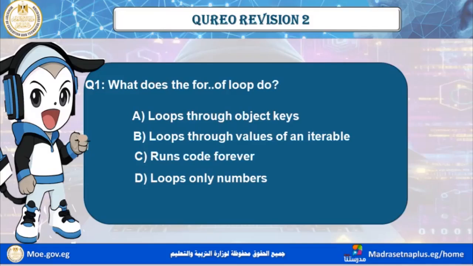And it doesn't only loop numbers. So 1 or 2. I notice here the word iterable, and for of works on iterables. So the for of loop loops through values of an iterable. So item B is correct.